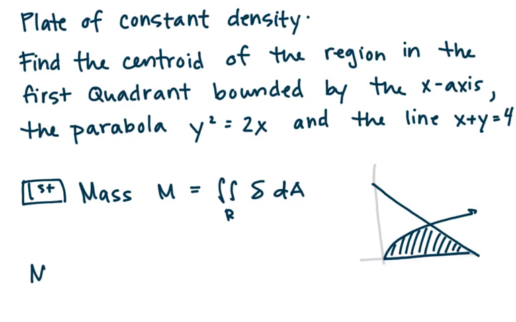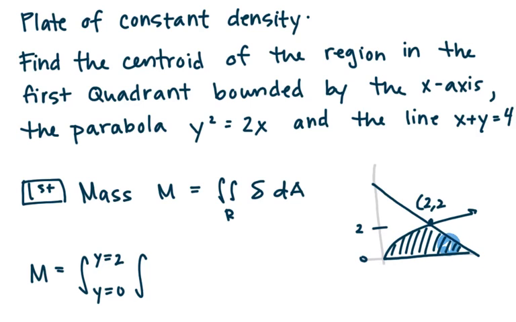All right, so mass equals, what are my bounds in terms of y? We're going from 0 to this point of intersection, which we can find right there, is 2, 2. So my y values go from y equals 0 to y equals 2. For my second integral, we're going to have an upper and a lower bound horizontally.